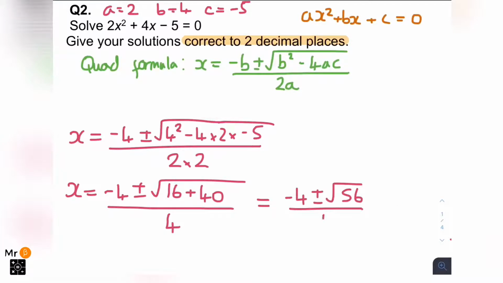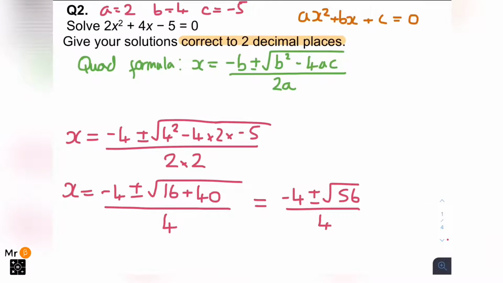So now in my calculator I would type in minus 4 plus root 56 over 4, and that would get me my first solution of 0.87082.